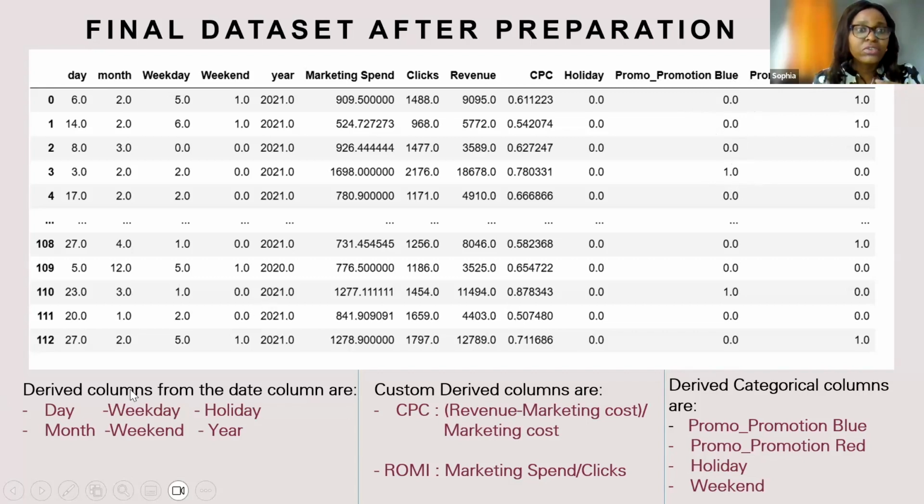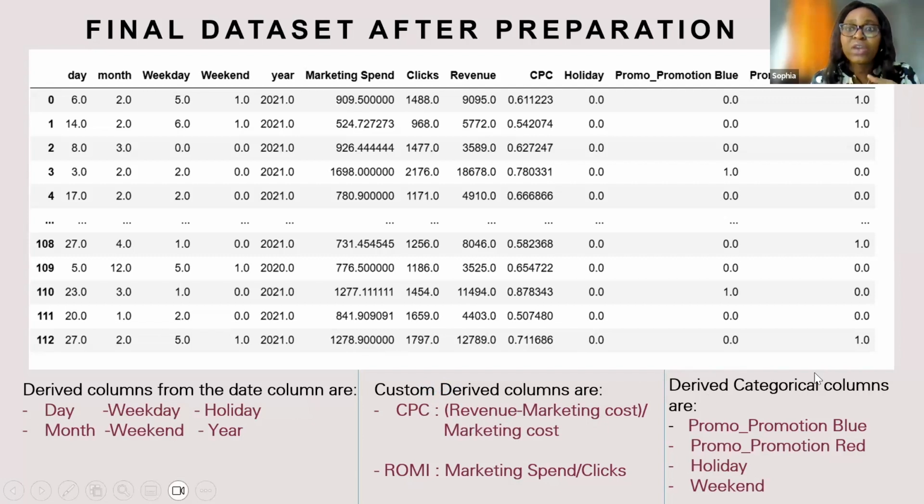So at the end of the day, the columns we derived from the dates feature were day, month, weekday, weekend, holiday, and year. And the columns we derived from the custom derived columns were CPC and ROMI. These formulas were given to us in the project file, so you don't really need to worry about this.